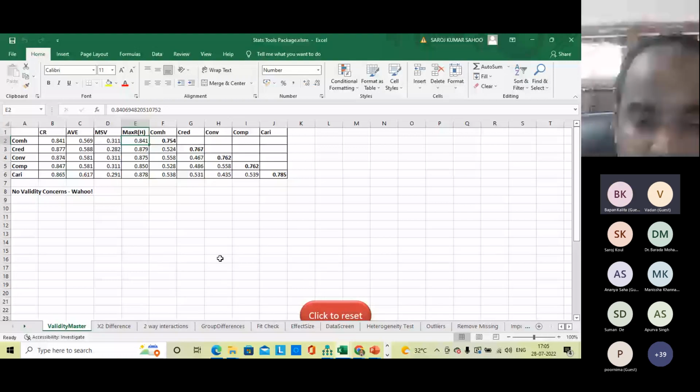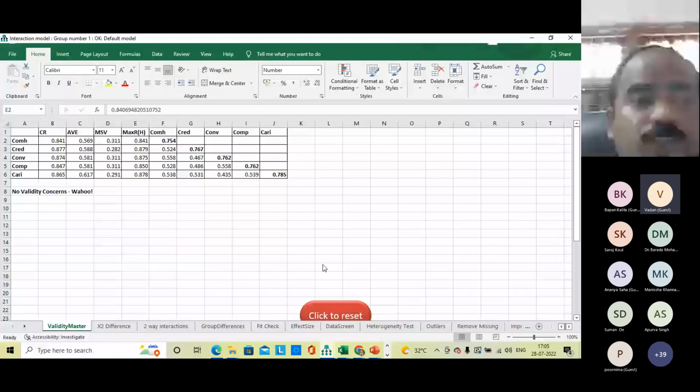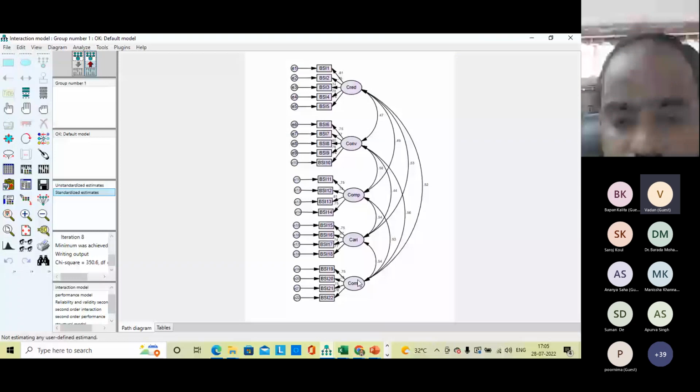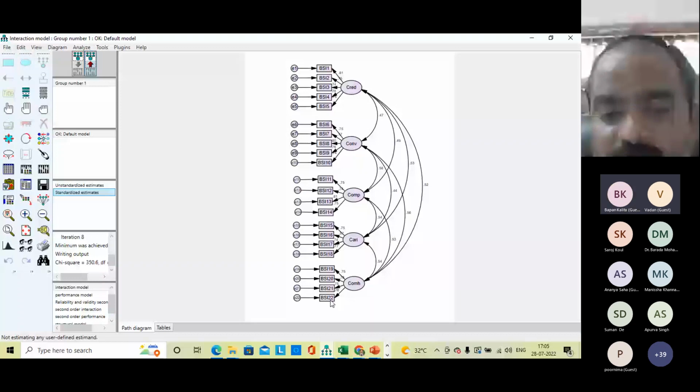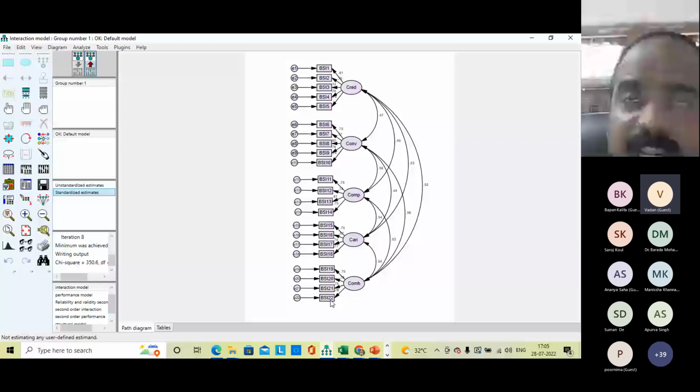Look at the AMOS file. Look at the comprehension: BSI 19, BSI 20, BSI 21, BSI 22. Apart from the 4 indicators, if you name any other indicator, it has only 0.1% probability of explaining the comprehension, which is very negligible.